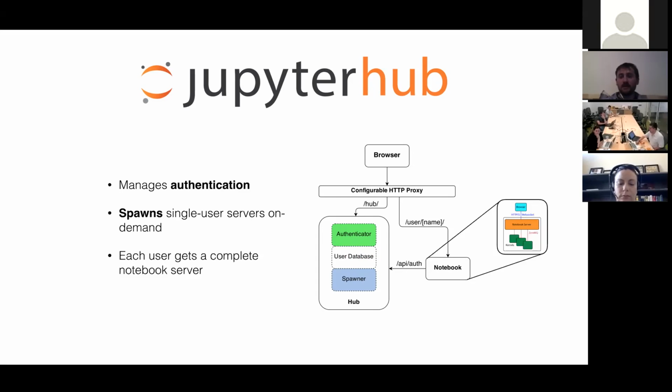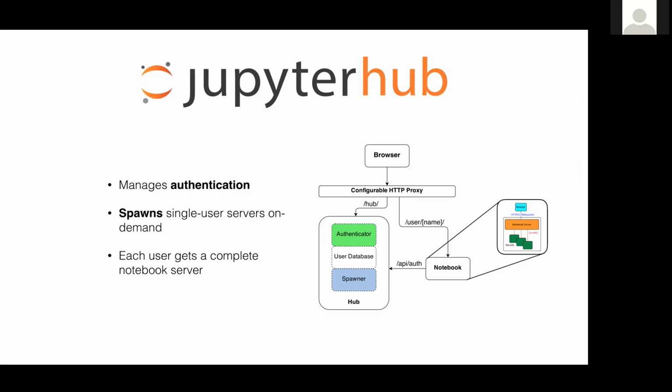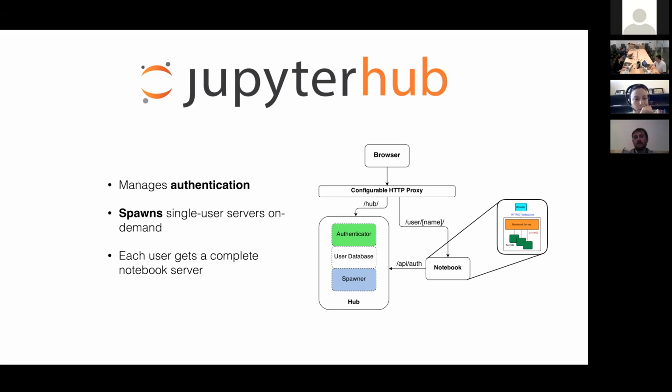For each user, there's one of these entire web applications, the same application that you use when you type jupyter notebook on your laptop, or that you get with tmpnb on try.jupyter.org. But then JupyterHub adds this authentication and spawning to let you deploy notebook servers for your users in various contexts.